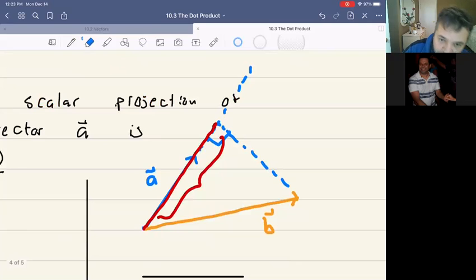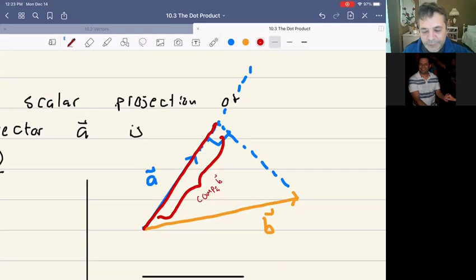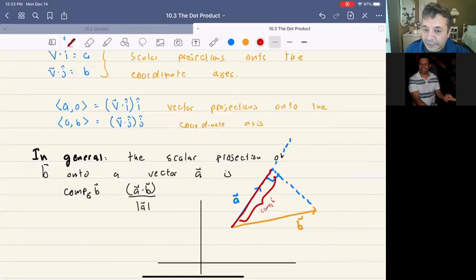So that length is the component onto A of B. But the vector itself is going to be the projection.